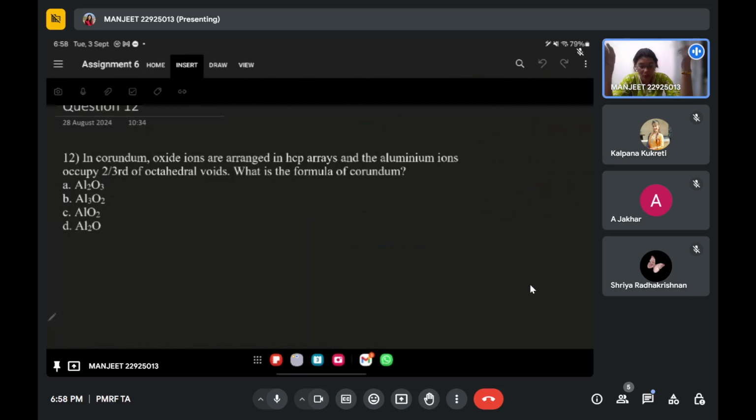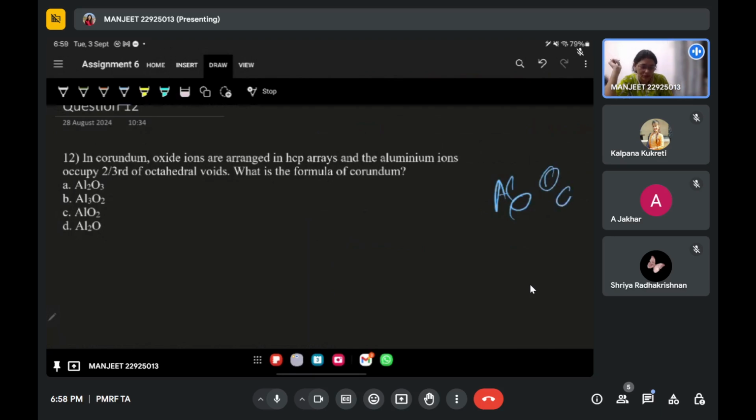In corundum we have the oxide ion and the aluminium ion, so there will be a combination of aluminium and oxygen. How are they connected? What is the stoichiometry of the aluminium and the oxygen? This you have to find out. How many aluminium in one unit cell, or how many oxygen in one unit cell? That we have to find out.